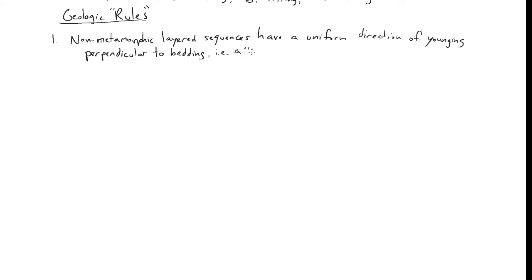So in other words, a way up. So this is just saying sedimentary rocks generally have layers, and those layers are sequentially laid down so that if you look at the layers, you can go up and down in time, basically.